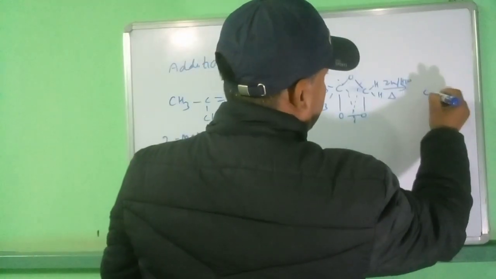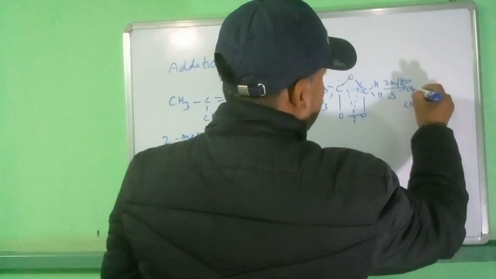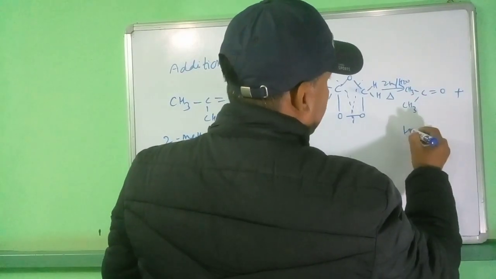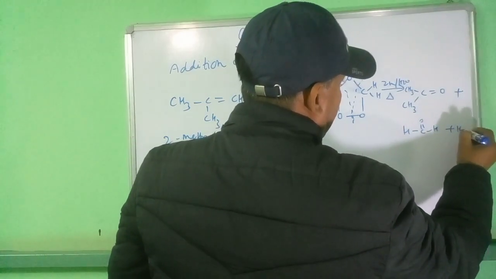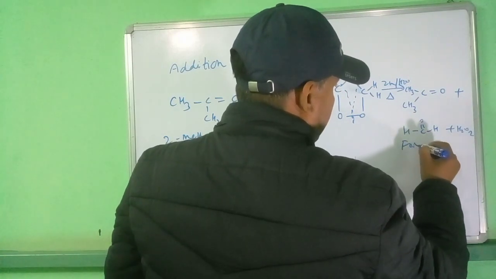One product is CH3 C double bond O with CH3, the other is HC double bond O H, plus hydrogen peroxide. This is formaldehyde.